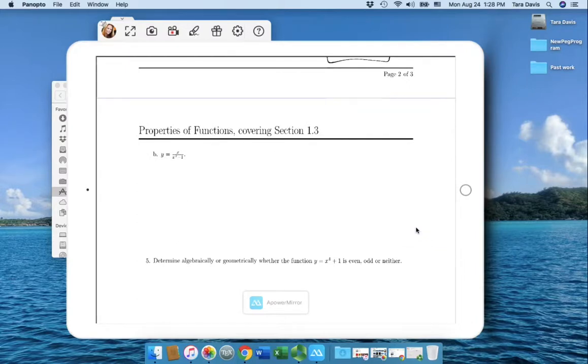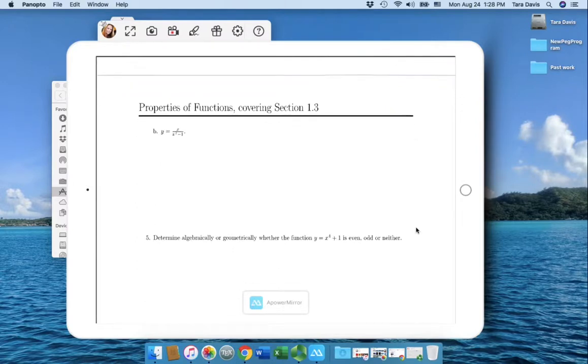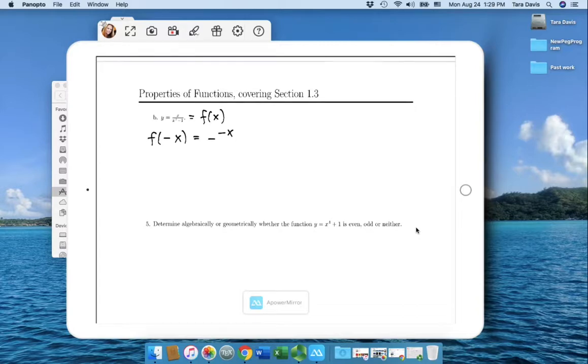Okay, so for part B, I have y equals x over x squared minus 1. This is f of x. So if I want to know if it's even, I have to do f of negative x. So everywhere I see x, I put negative x. So I have negative x over negative x squared minus 1.